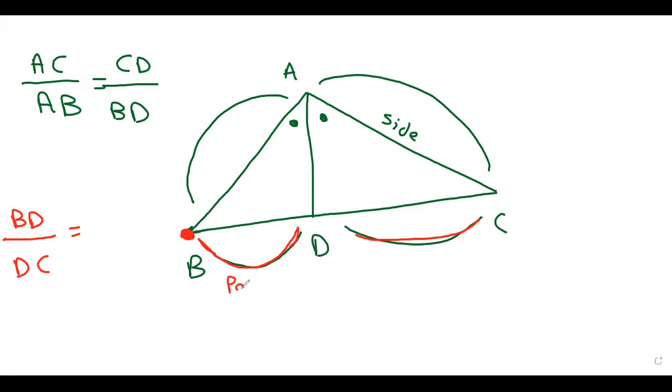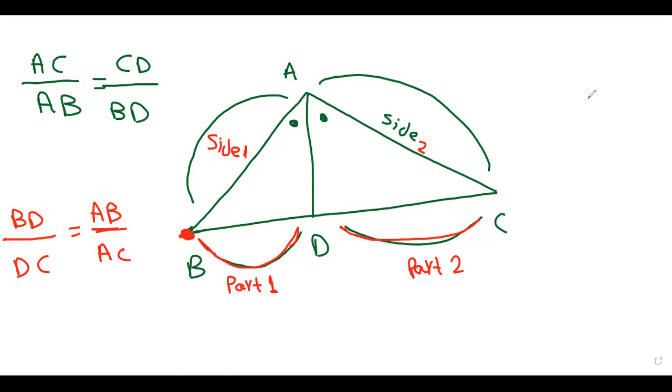Let's say it's part 1, and this is part 2. The ratio between BD over DC. You should write, it's a must, you should write AB firstly, because you have taken BD, the part 1. So take side 1. This is side 1, for example. So write AB over side 2, which is AC.